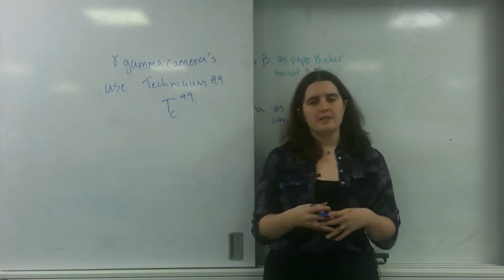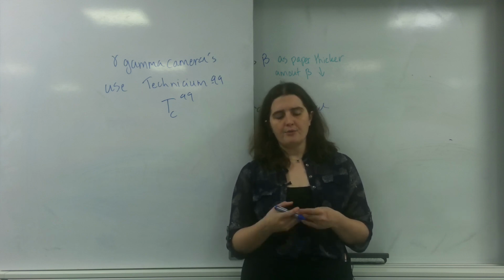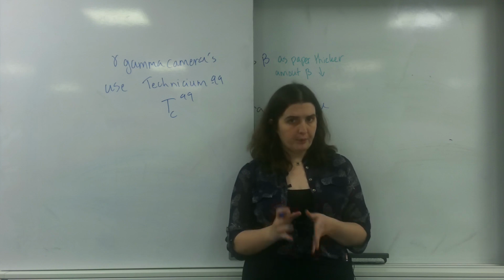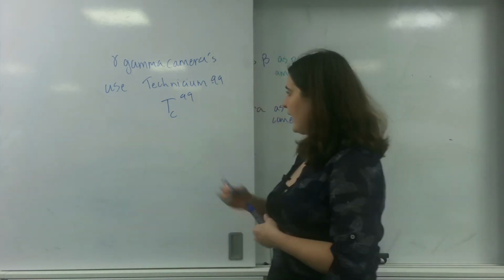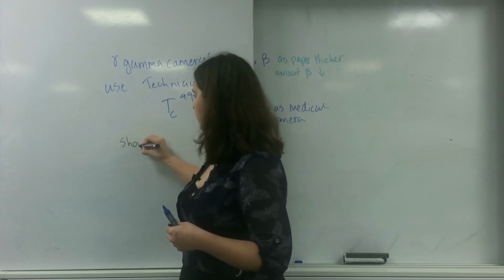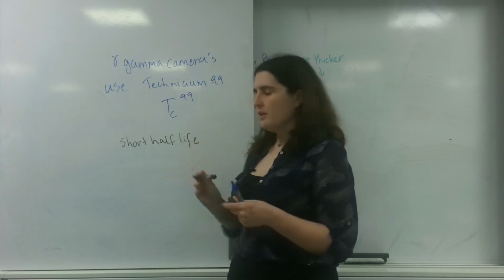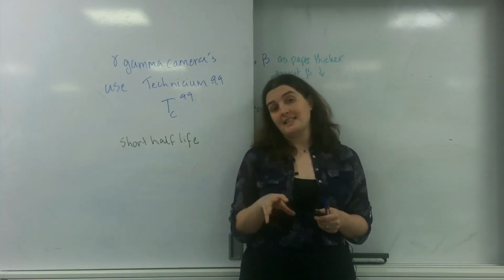This is a radioactive isotope of technetium, and this one is used for a couple of reasons. Firstly, it has a short half-life. The half-life of technetium-99 is approximately 6 hours.